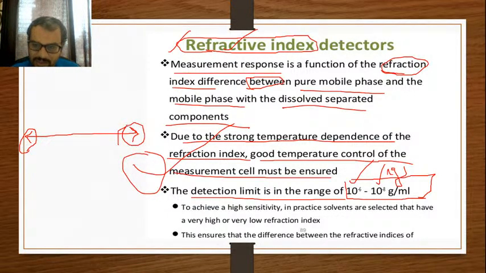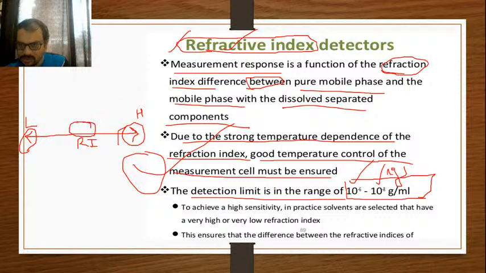What I mean to say is, if you want high sensitivity, then the solvent system on the RI scale is chosen at both extremes, either a very low RI or a very high RI, so that it cannot get intermingled or interlinked with any of the components, which majorly show the middle part of the RI.